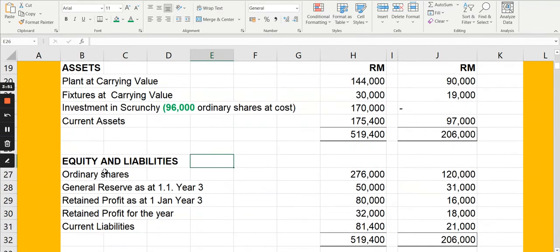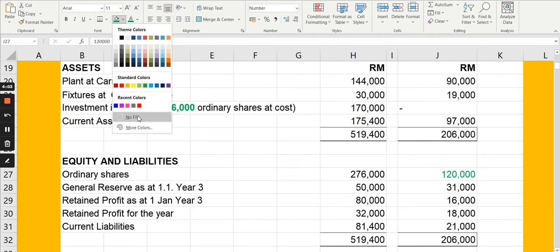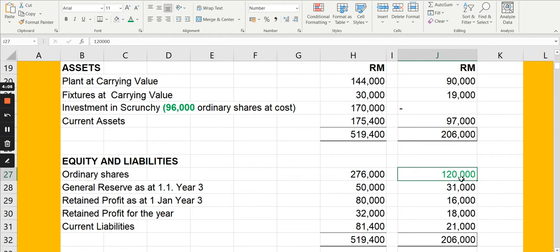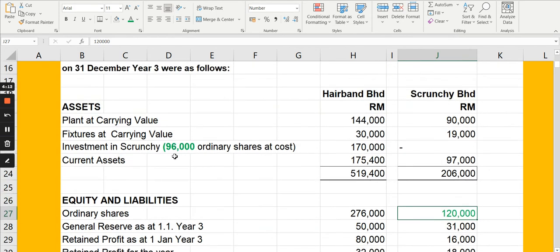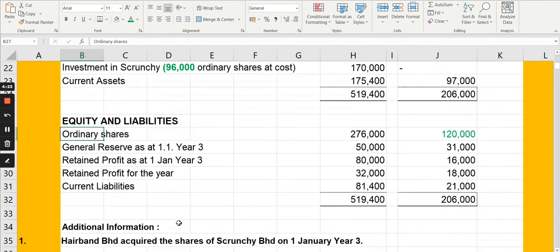And that 96,000, if you check your subsidiary's information, you have the subsidiary's ordinary shares there of 120,000, which is part of the net asset. So you're going to check the percentage by taking 96,000 over 120,000. We assume this is ordinary shares of 1 ringgit each at the fair value.